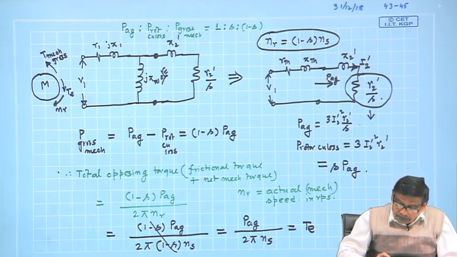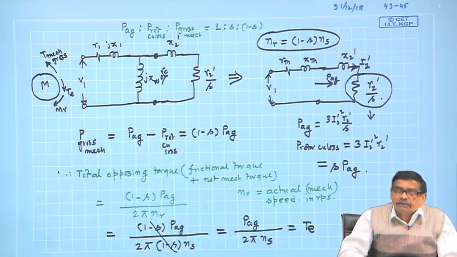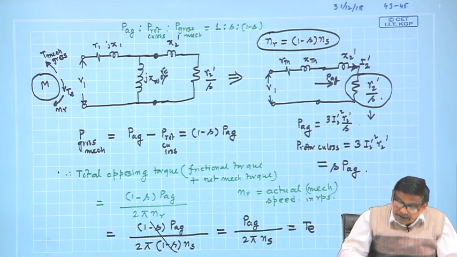So, we are trying to get an expression for electromagnetic torque not in terms of delta or BR or BS, but in terms of equivalent circuit parameters.